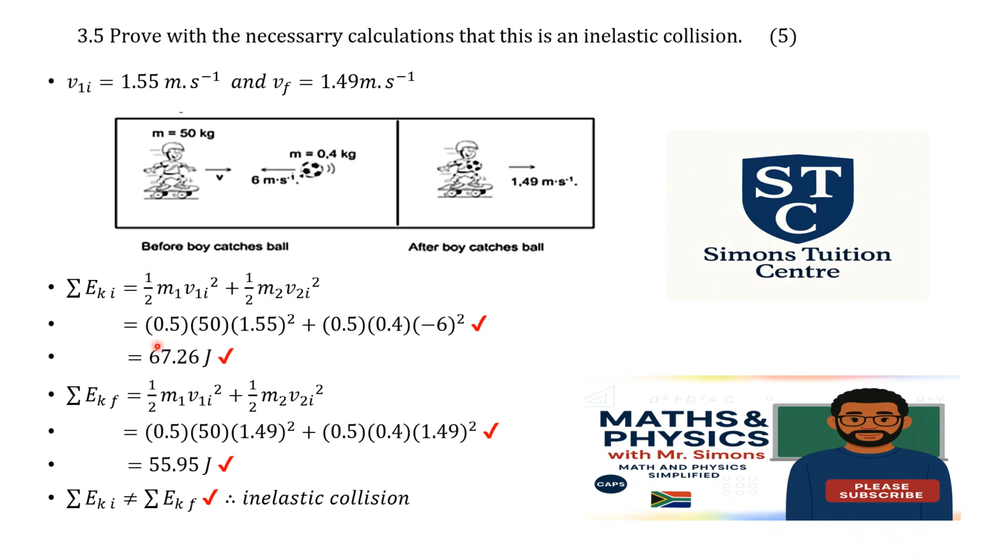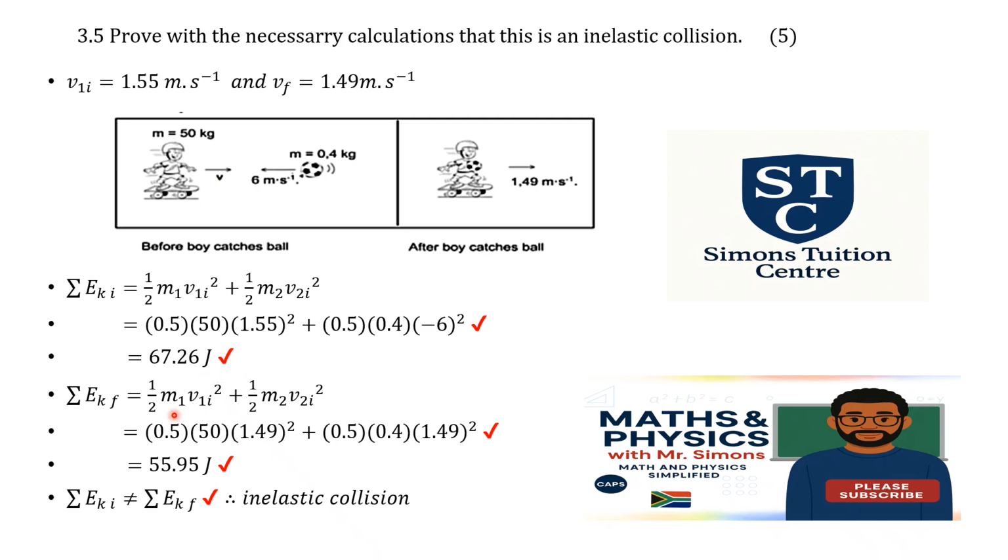So half is the same as 0.5, mass 1 is 50, initial velocity 1.55 squared, plus mass 2 is 0.4 times 0.5, and my initial velocity going to the left, negative 6 squared. If we substitute all of them correctly and multiply out on a calculator, we get 67.26 joules.